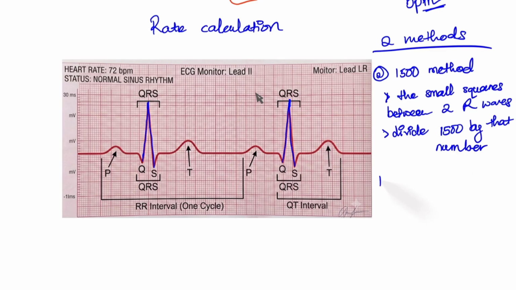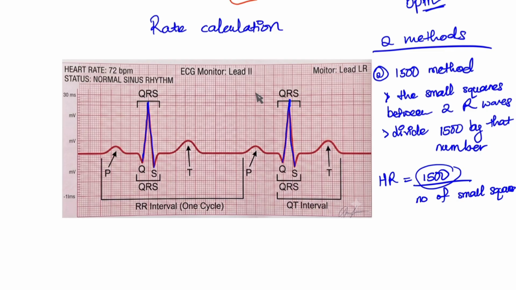So the heart rate is equal to 1500 over the number of small squares. For example, if there are 20 small squares between R waves, we say 1500 divided by 20, giving us 75. Now, why do we divide by 1500 again?